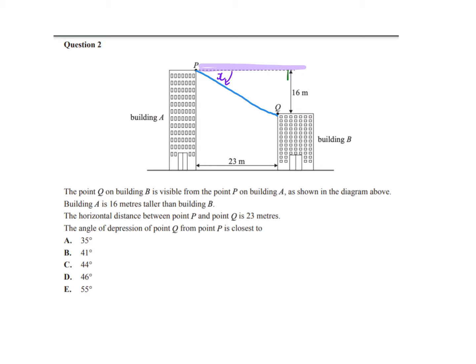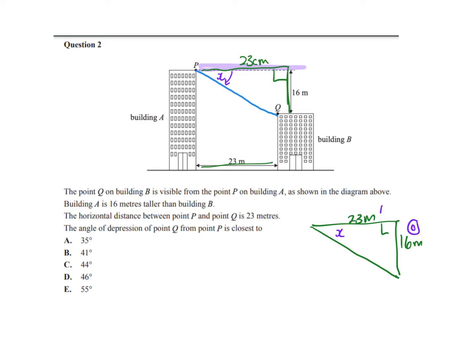You can do it a number of ways, depending on where you see the triangle, but there's a right angle triangle if you look like that. If I draw that triangle out, we know that that's 16 meters, and across there's 23, so this is also 23 meters, and in here is what they wanted me to find. Once I've done that, I've got a right angle triangle with two sides, and I want to find an angle, so I could use SOH CAH TOA.